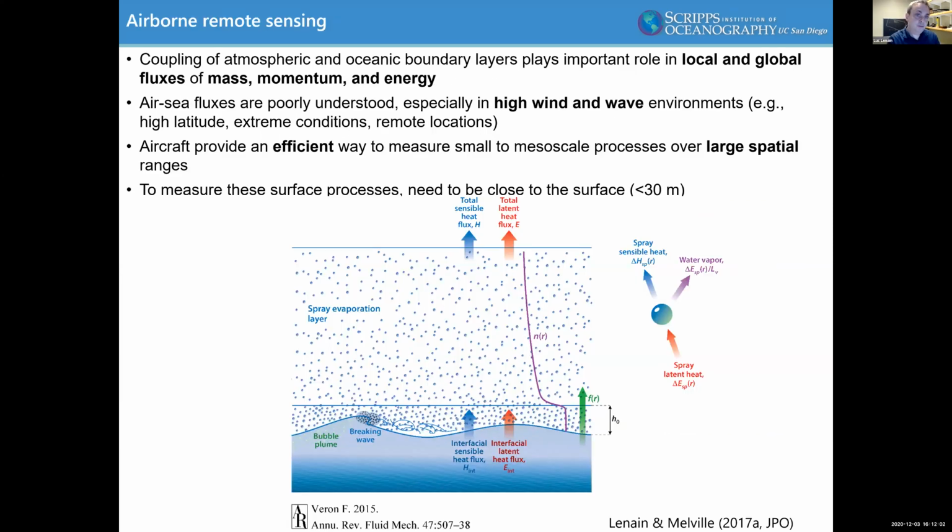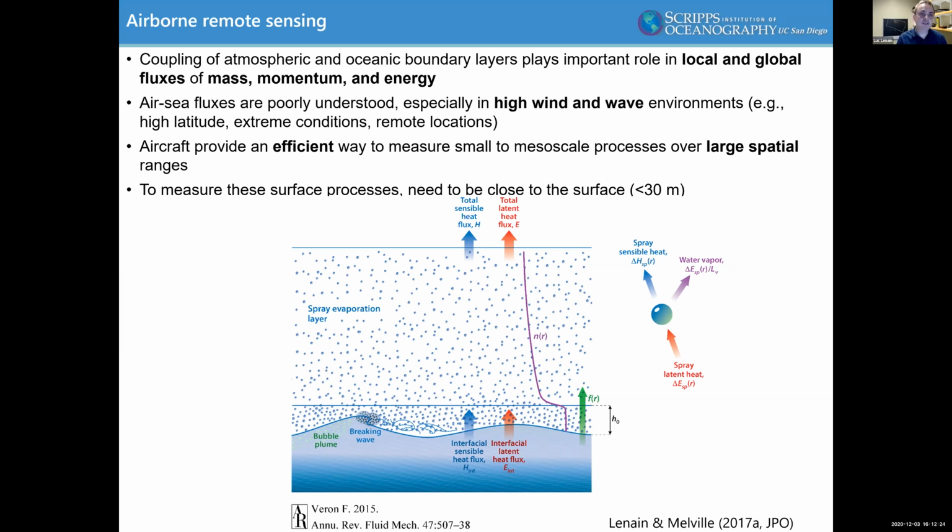Starting with the airborne remote sensing, we have a long history in the group of collecting airborne remote sensing observations. And the motivation here is simple. The coupling of the atmospheric and oceanic boundary layers plays a crucial role in local and global flux of mass, momentum, and energy.